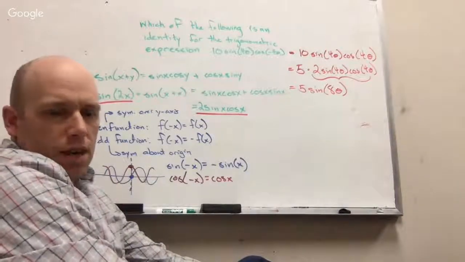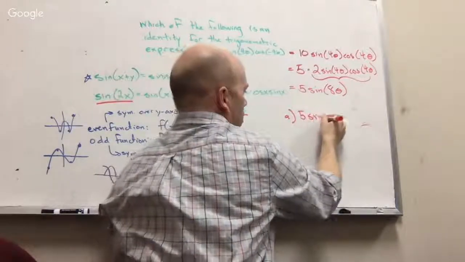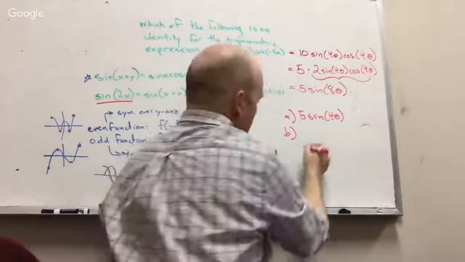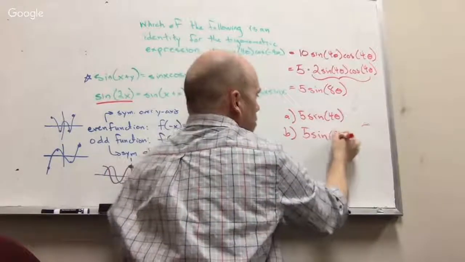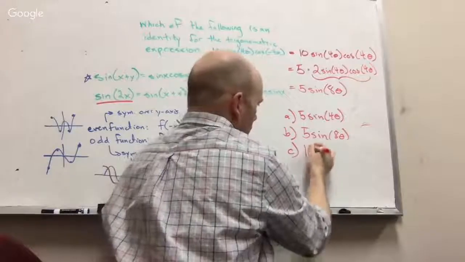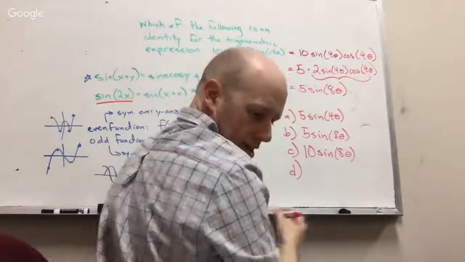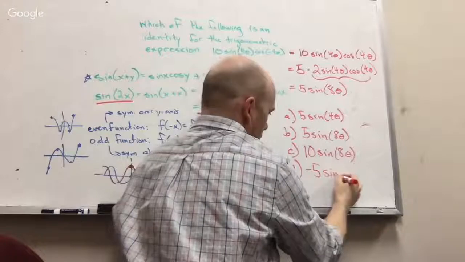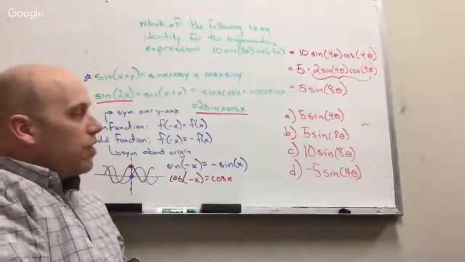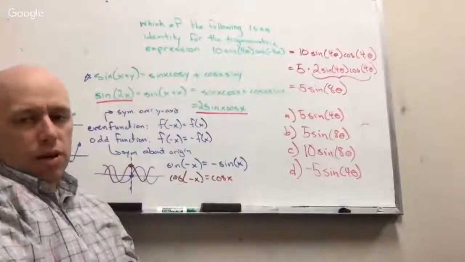And it turns out your choices on this one are 5 sine of 4 theta, 5 sine of 8 theta, ding, ding, ding, 10 sine of 8 theta, and negative 5 sine of 4 theta. So even the choices might give you a hint. Maybe I should look at the double angle formula.